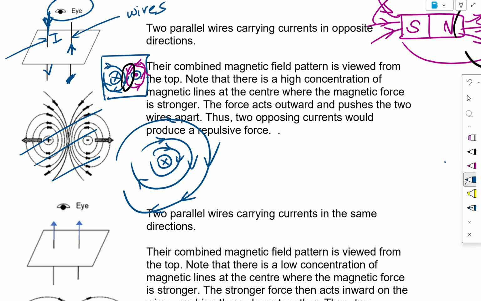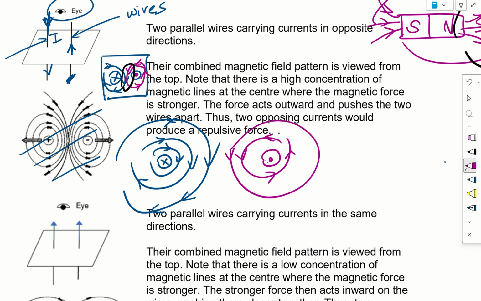Then on the right hand side, it is a dot, so the magnetic fields will be in an anti-clockwise direction. Because in between, the field lines cannot cut each other, this will be the resulting pattern.